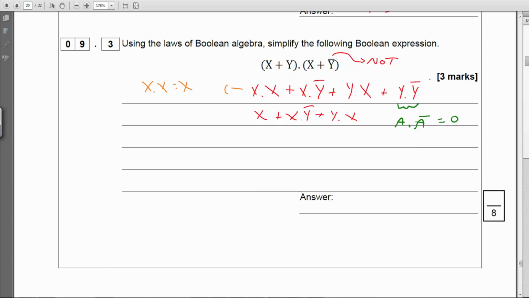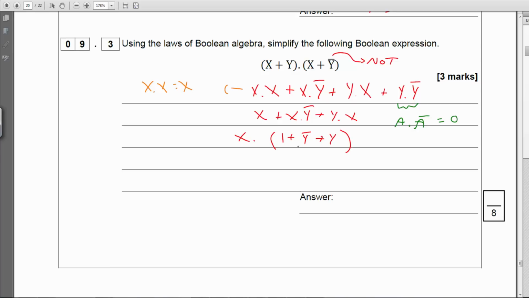And in the same way that 0 in maths, you don't need to write it in, I'm just going to leave this off the end. So this is our next step, using both rules. So again, I'm going to factorize it. This is a sort of general step. I'm going to take x out. x is in every term, so it's going to be x, and our bracket's going to be 1, because 1 times x is x, plus not y plus y.